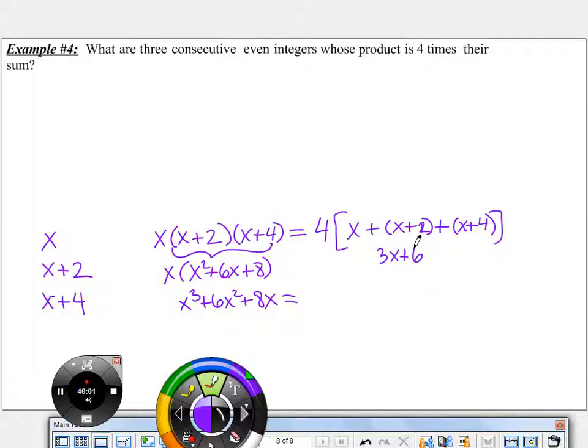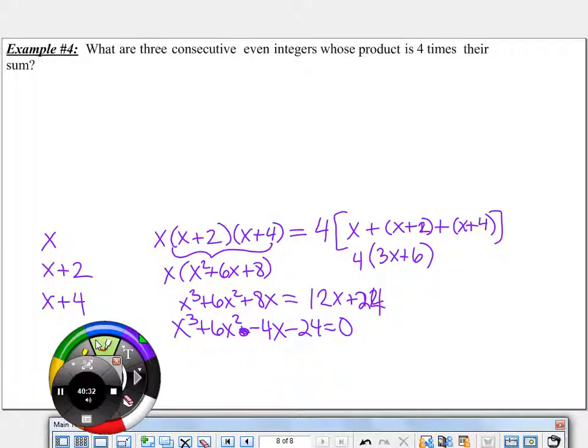Then that's getting multiplied by the 4, so I'm going to have 12x plus 24. And then what I'm going to do is move everything to the same side. This will be minus 12x when we move over the 12x, and minus 24.